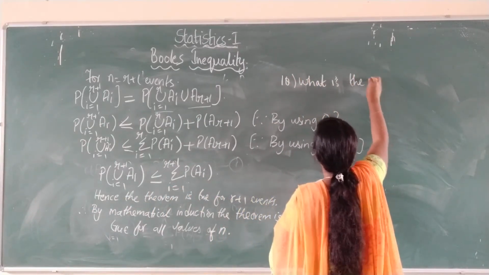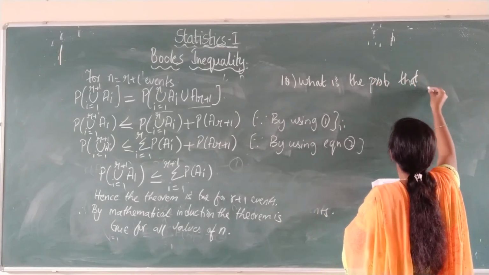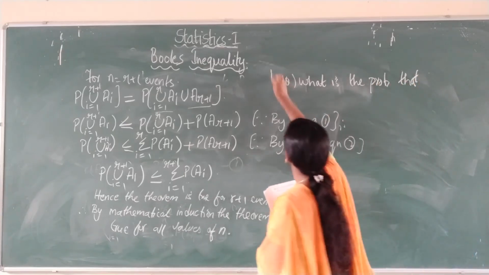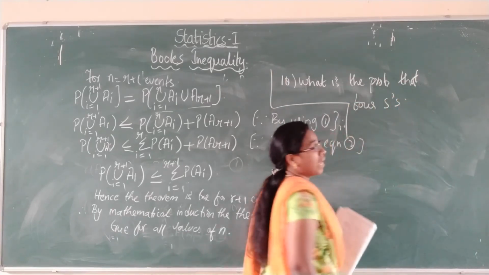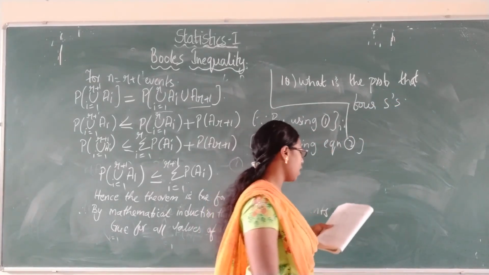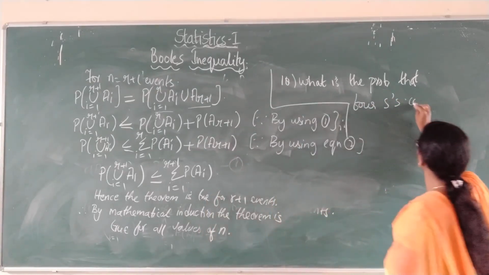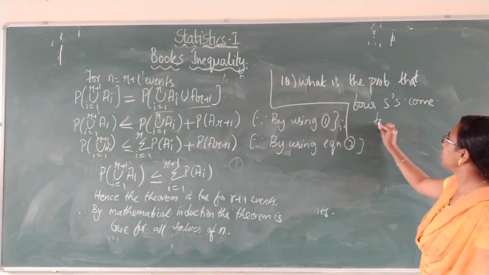What is the probability that 4 S's come consecutively? We have had this question in the previous classes also. Consecutively here means together.